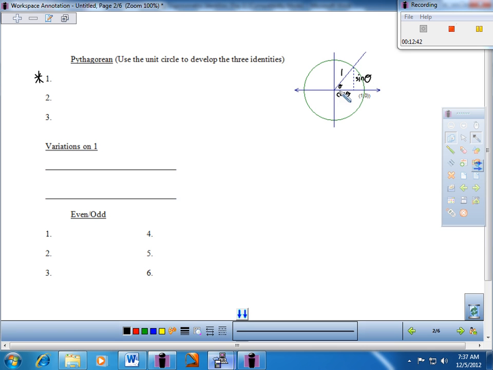I have the horizontal piece, I have the vertical piece, and I have the hypotenuse. And of course, if I apply the Pythagorean theorem, we could see that this squared plus this squared equals that squared. And everybody, that is our first one, and that's our big one. So we're going to read it as sine squared of theta plus cosine squared of theta equals 1.